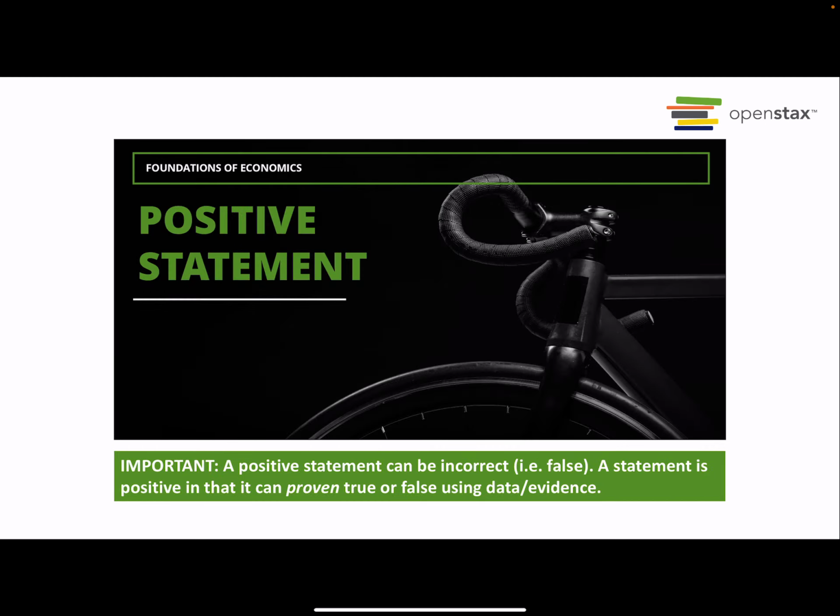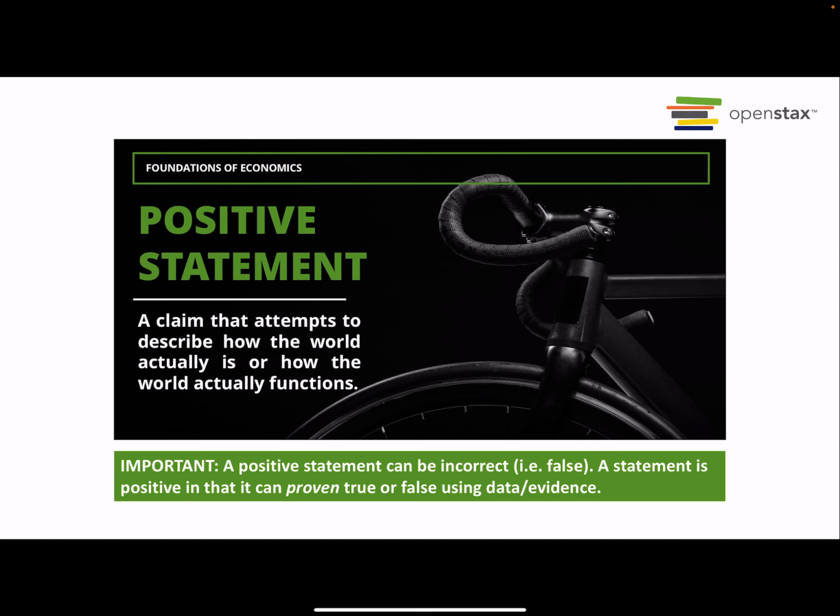As I mentioned earlier, important to note that a positive statement can be incorrect, i.e. a false statement. However, a positive statement, it's positive in that it can be proven to be true or proven to be false using data and evidence that we have.